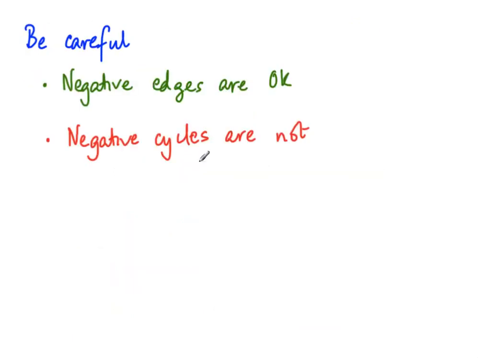So before we proceed, we should be careful about exactly what we are allowing now. We are allowing edges to have negative weights, but we should not allow an entire cycle to have a negative weight, because if you go around a cycle that has a negative weight, the cost will decrease. So imagine what happens. Supposing you are at U and you want to get to V, and there is a path and this happens to go through a cycle, and this entire weight is actually negative.